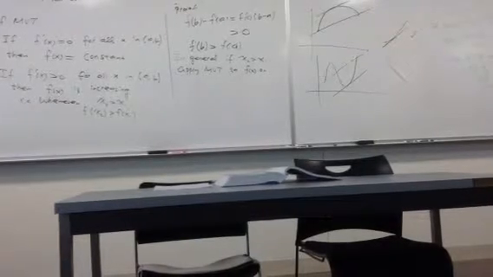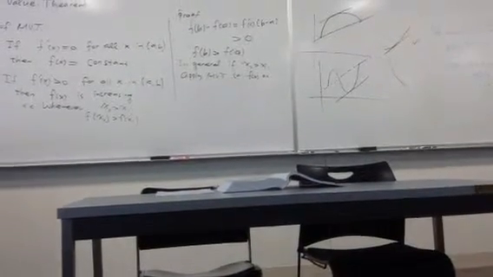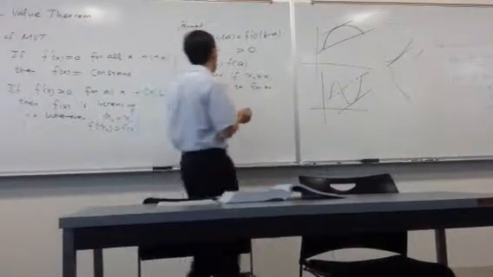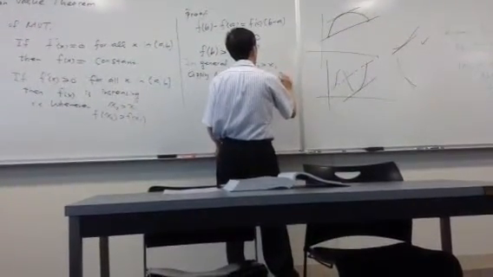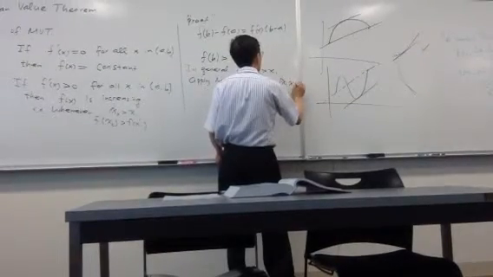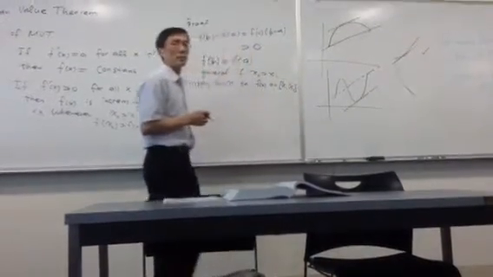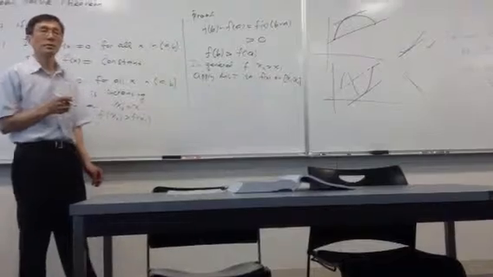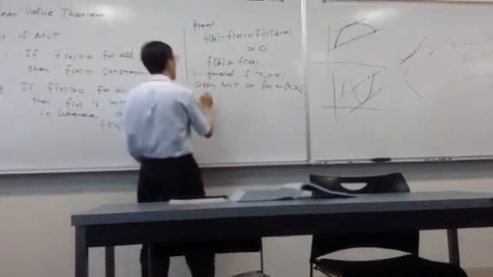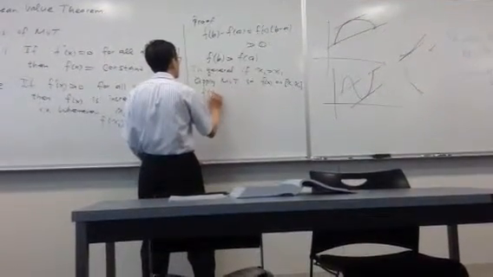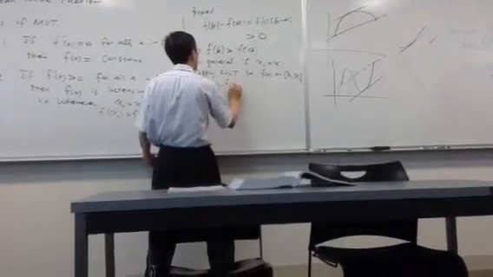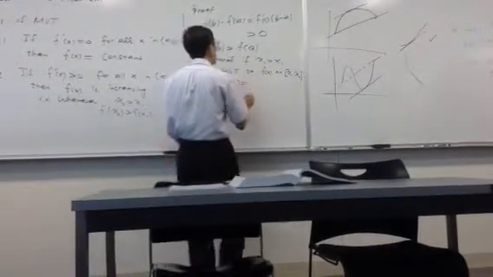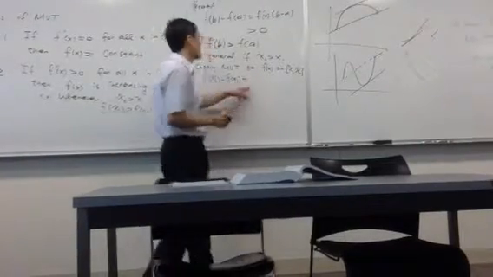Does that make sense? Apply the mean value theorem to x1, x2, right? And then what do we get? We get f(x2), same as before, minus f(x1) is equal to, can you tell me what's on the right-hand side?